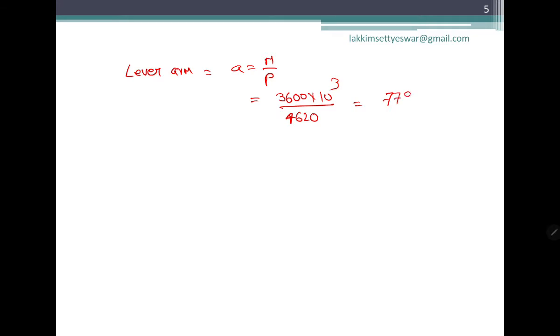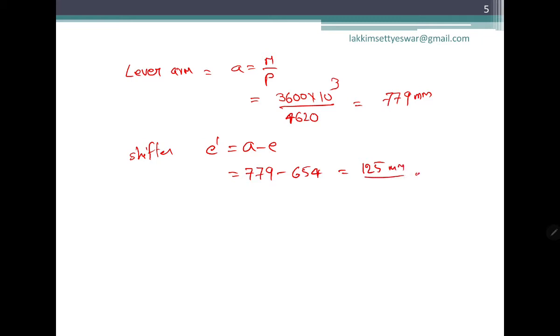The answer is 779 mm, the lever arm distance. Now we need to calculate the shifted pressure line. The shifted pressure line distance e dash is equal to a minus e. a is 779, minus e, the eccentricity, 654, which is equal to 125 mm.